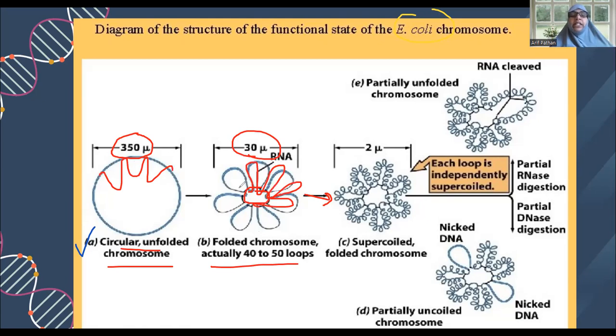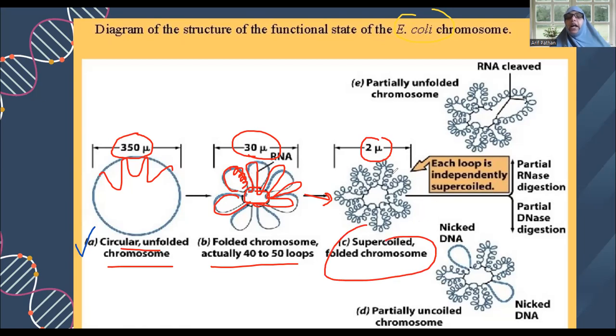Next level of folding. Now these petals, of the flower-like appearance, will undergo twisting and coiling themselves. You can see in this, now the size is reduced more, 2 micrometers. From 350, they became 30, now they became 2. So now this is a supercoiled folded chromosome.